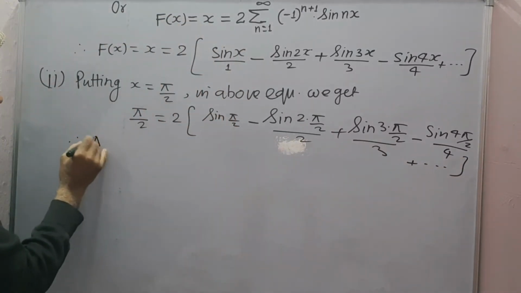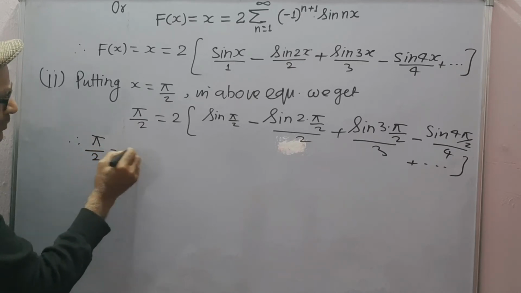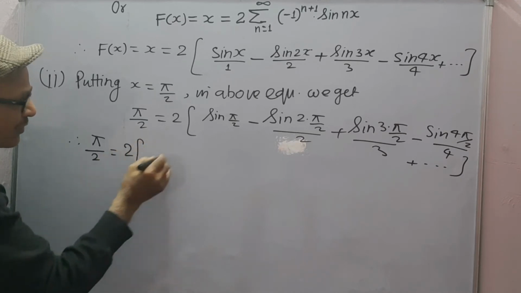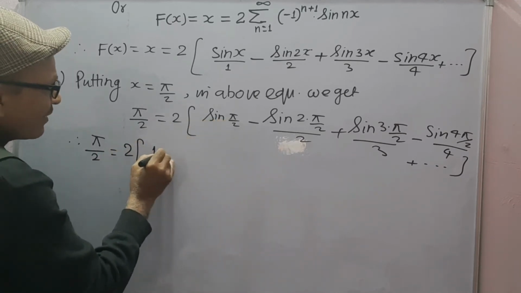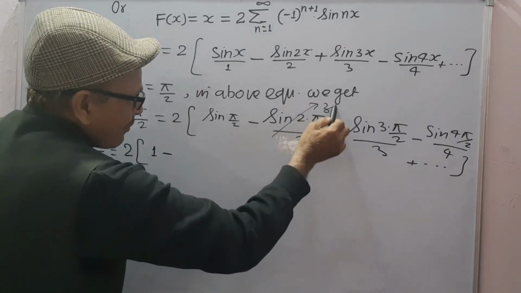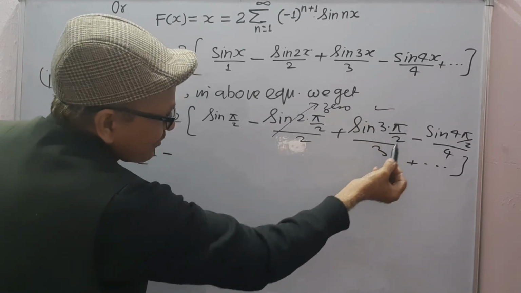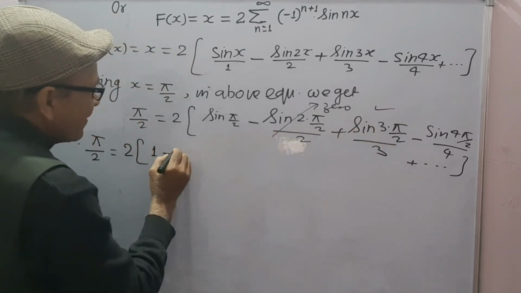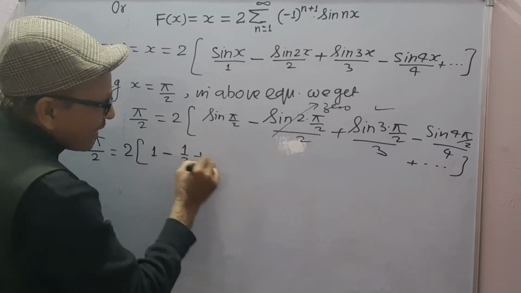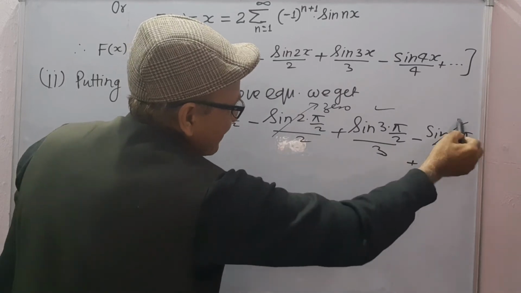Therefore, pi by 2 will be equal to 2 into sin pi by 2, which is 1. This term is sin pi, which is 0. This sin 3 pi by 2 is minus 1. So next term will be minus 1 by 3. Again sin 4 pi by 2 means sin 2 pi, which will be 0.